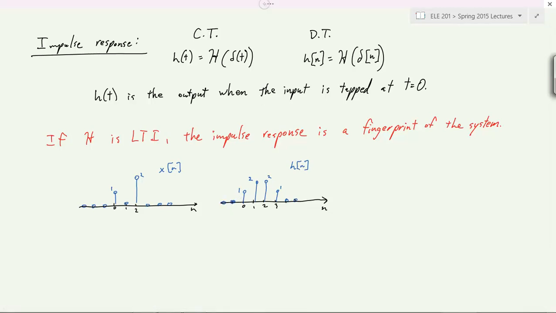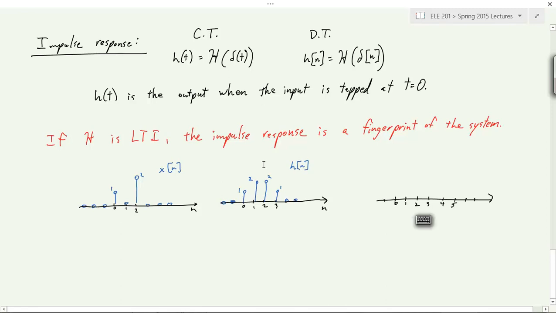And I say, now can you figure out for me what's going to be the output of this system when x goes in instead of a delta function? This was what happened when you just put a delta function in. So now I want to know what happens when I put x in. Well, I know that this system is both linear and time invariant, and I can use that to my advantage. I can say, well, I know that this signal is a sum of two different signals, one that has a delta function at time 0, and another signal that's a delta function at time 2, but scaled by the constant 2.